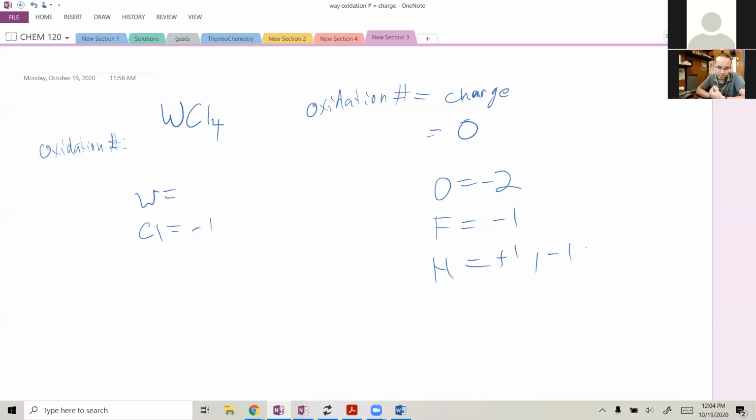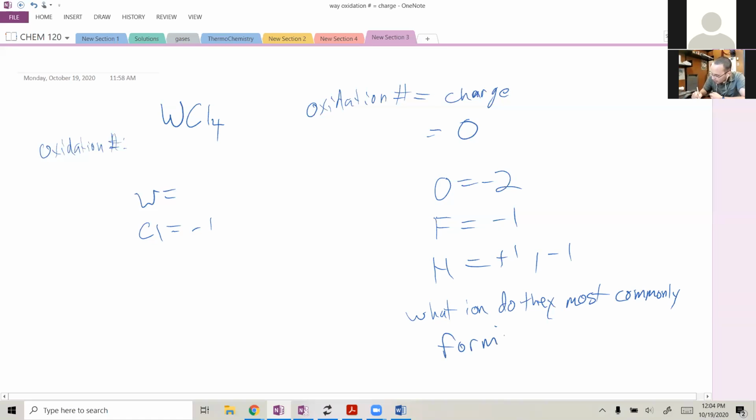One of the ones that I like to use is, when I think about my compound, what I'm looking for is what ion is the most common, because a lot of times they're going to take on that charge.